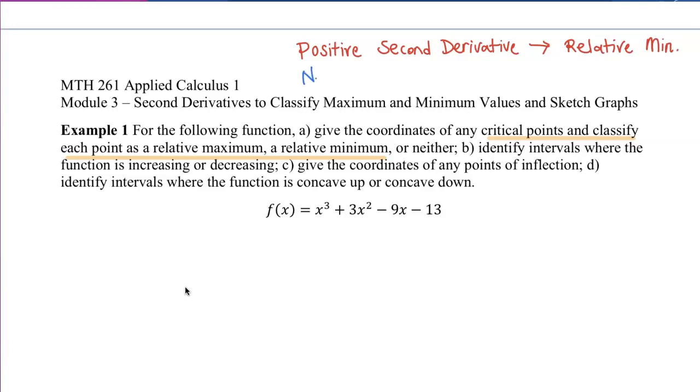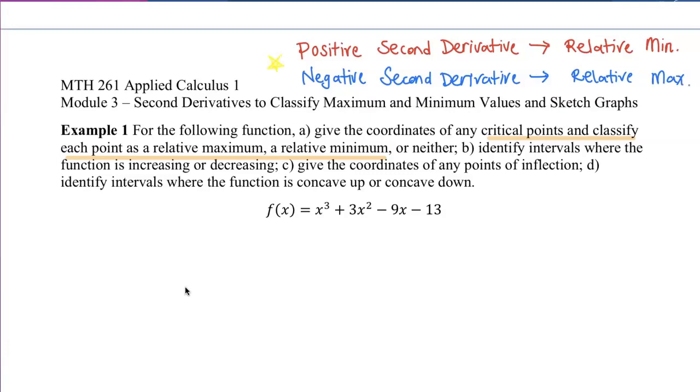Now, if we get negative second derivative, what does that mean? We must have a relative maximum at that point. So you remember this. Okay, I'll put like a star next to it.